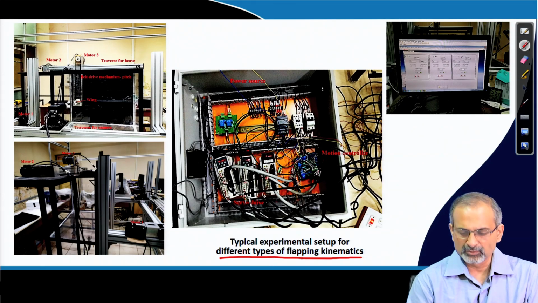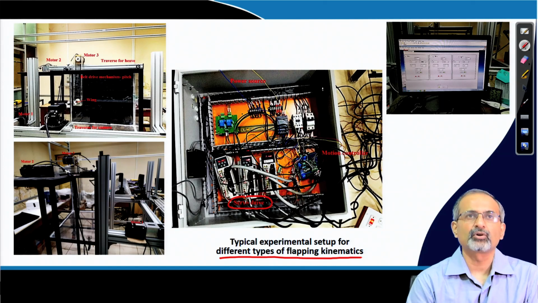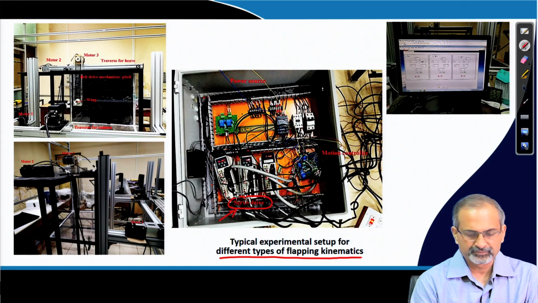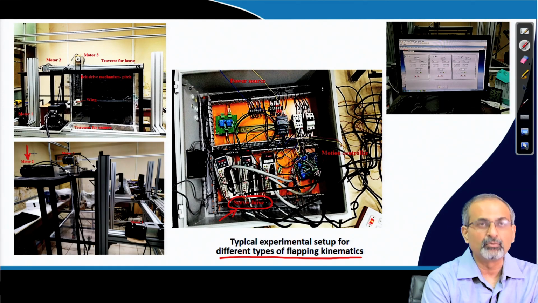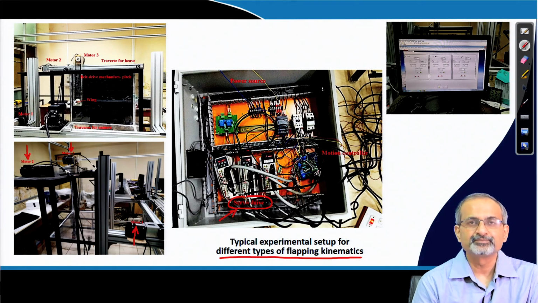So, here you have one where we have a couple of servo motors which control the movements of traverses, of cameras, etc. So, you have the servo drives which are controlling the servo motors. You have a couple of motors which are controlling movement along different axes.